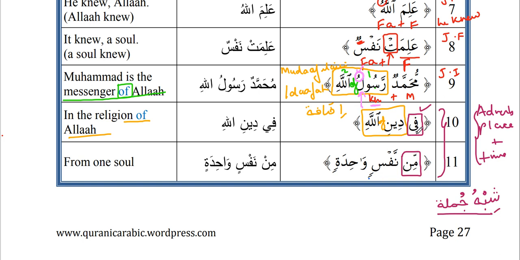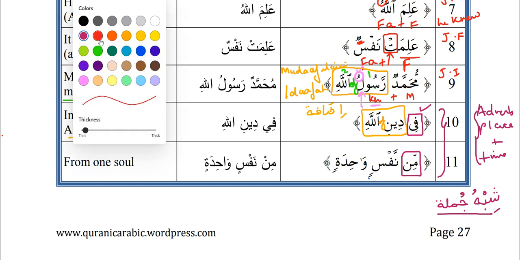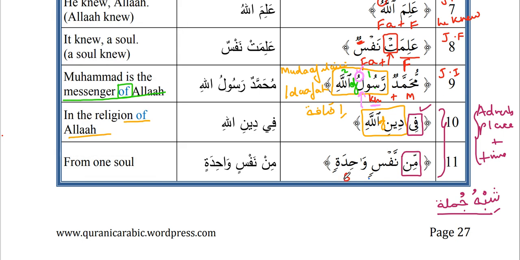So now you can see after the harf jar, what came? Deenillahi. Right? So this is the idafa construction. We will discuss this later. And now here in min nafsin wahidin, you can see the nafs is having the sifa here. Wahidin is a sifa for nafs, so you can check the mirror image.